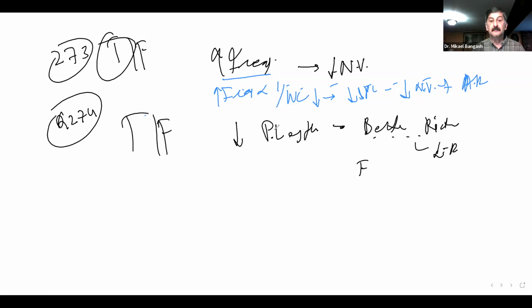Because the pulse length is not going to be related to your lateral resolution. Practically, this should have been worded as better axial resolution, and then we could say this is true. We know it's axial resolution here because these were all questions about axial resolution.